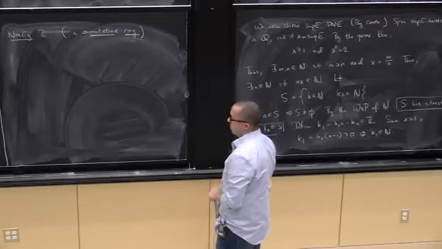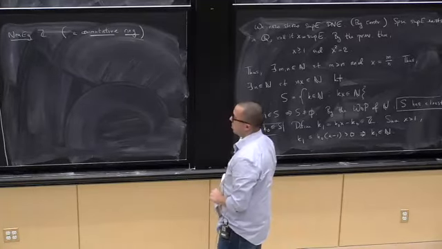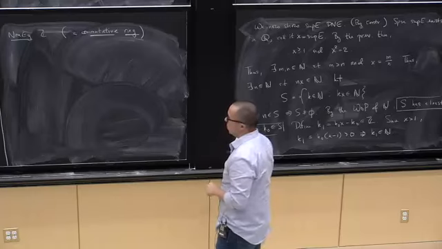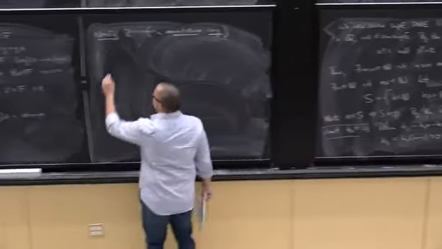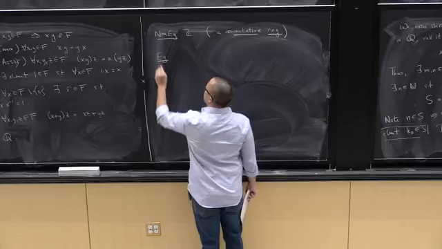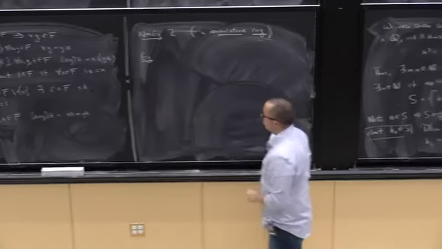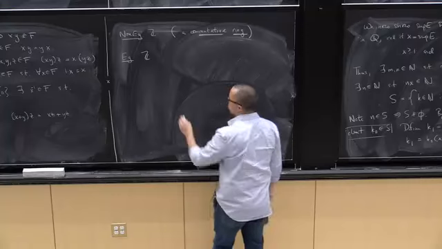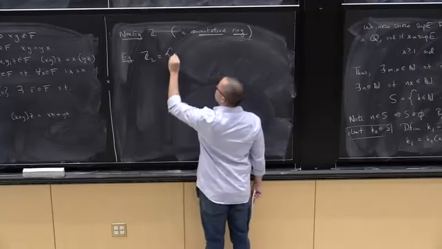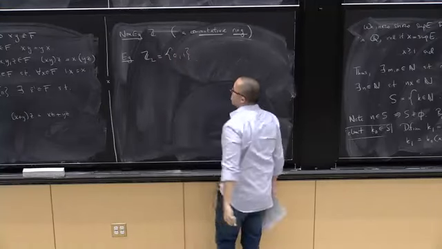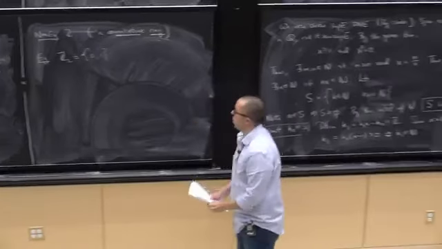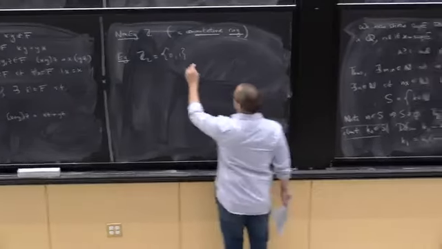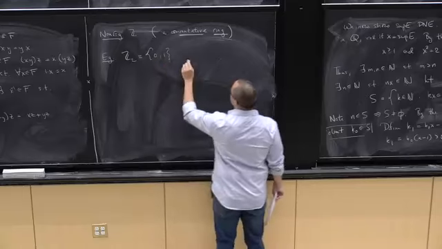For example, the set of 2 by 2 matrices form a ring. What's another example of a field? Maybe I should have given this one first. Z2, which is the simplest field there is, is just a set of two elements, 0 and 1, where I need to define what 1 plus 1 is.